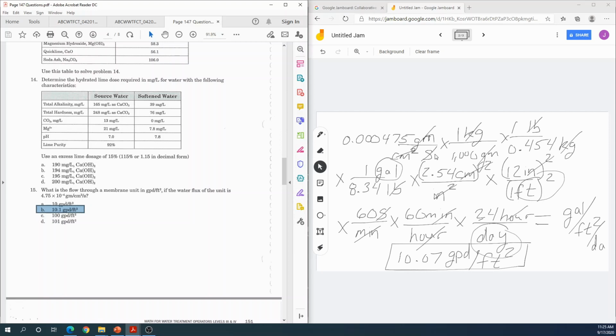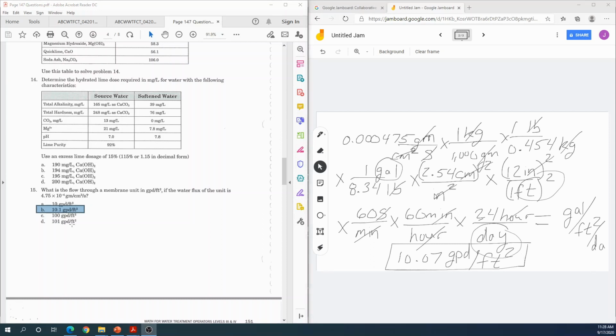Then we had seconds, trying to get to days, so we went from 60 seconds in a minute, 60 minutes in an hour, 24 hours in a day. All of our units tracked through, and we were left with gallons per day per square foot. And if we ran our calculators correctly, we should get 10.07 gallons per day per square foot.